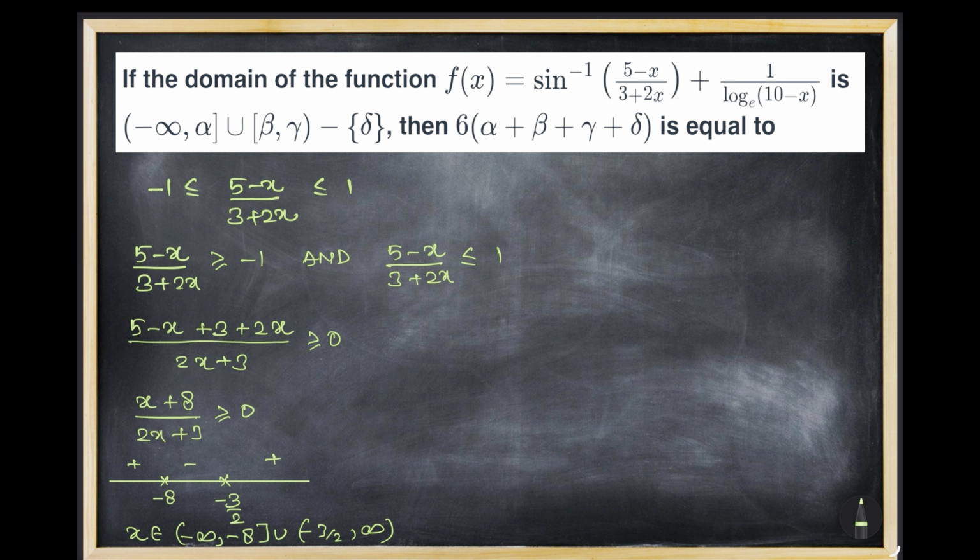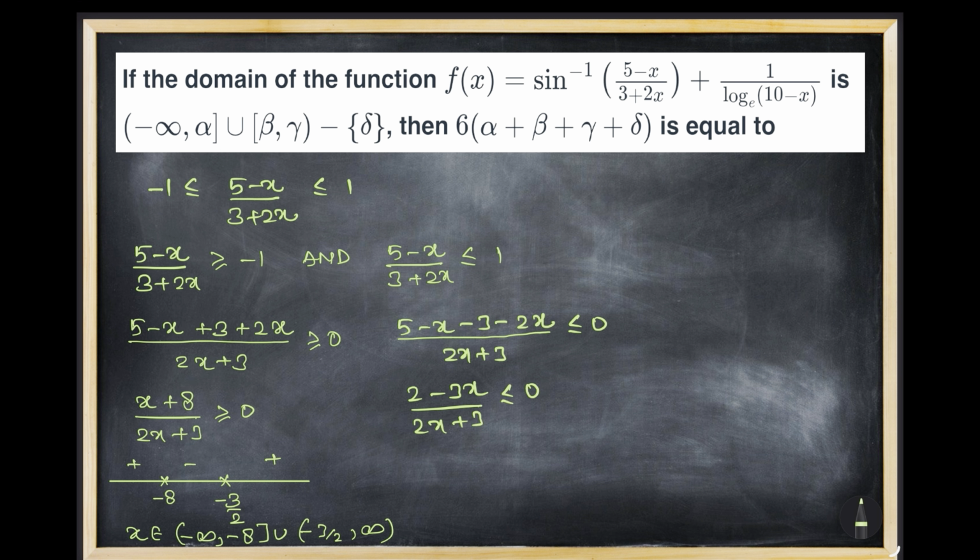Now go with the second part. We have to subtract 1 from both sides. So we get (5 minus x minus 3 minus 2x) upon (2x plus 3), as we have subtracted, less than or equal to 0. Now simplify: we get (2 minus 3x) upon (2x plus 3).